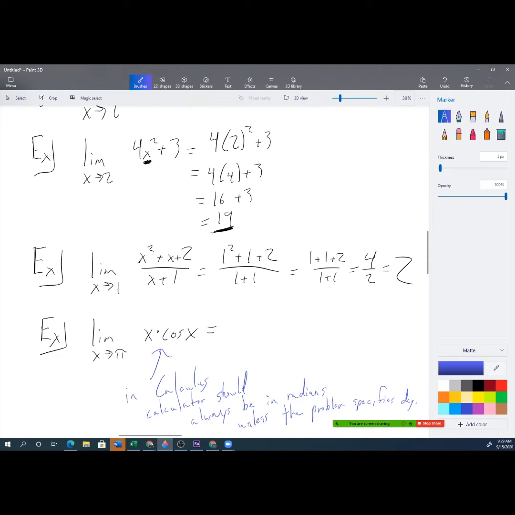Wait, I forgot how to set your calculator to radians. Which calculator do you have? A TI-84. Okay, so you want to go... Conveniently, 84 is the one I have too. Let me put that on the screen. I asked Lori this weekend if I could get emulators for the Nspire as well, in case any of you have that one.